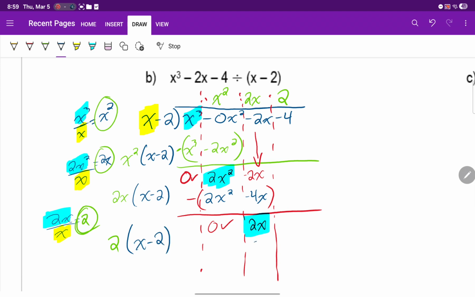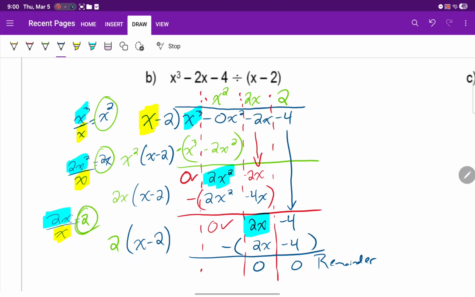That gives me 2x and negative 4. I'm going to do my subtraction. 2x minus 2x is 0. I have nothing to subtract my negative 4 by, so I'm going to bring this negative 4 down. And negative 4 minus negative 4 is 0 remainder.